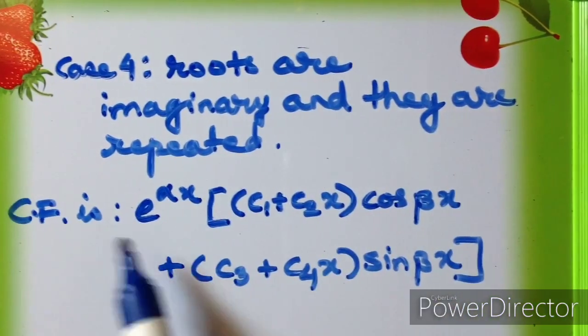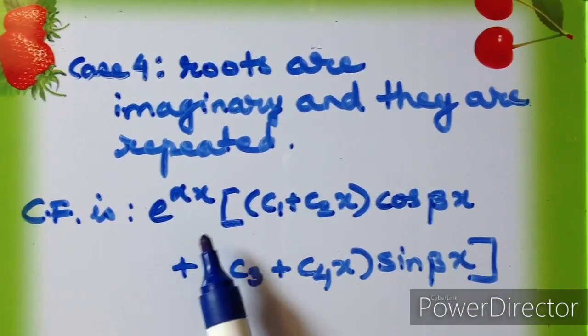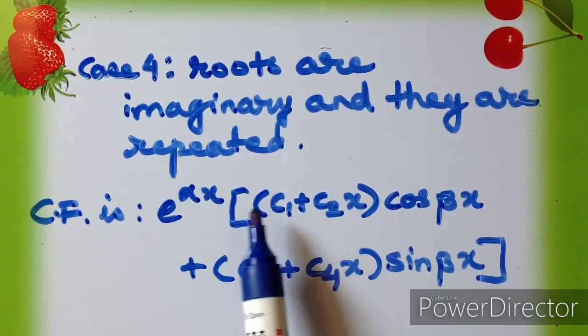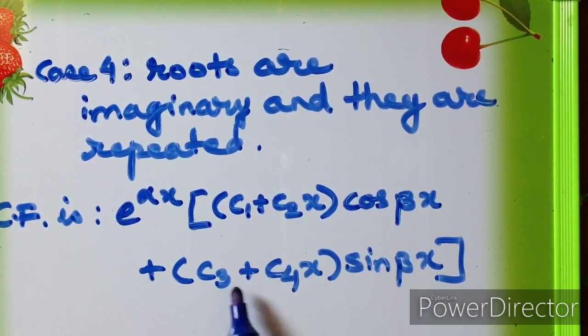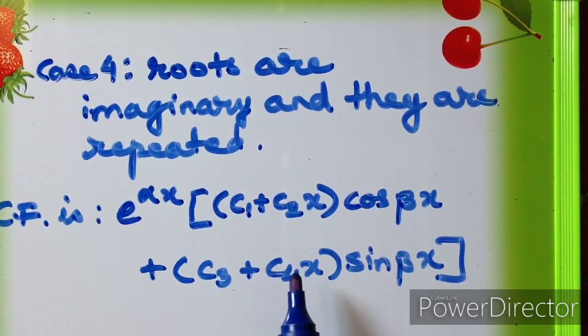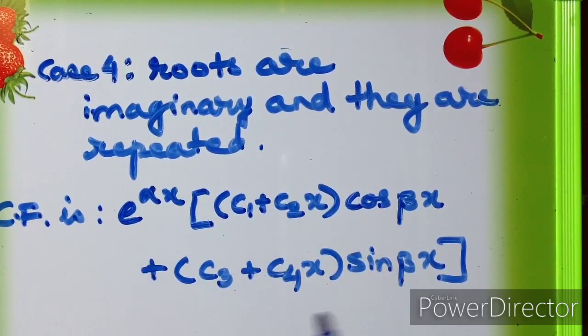So in the case of the roots which are imaginary and also repeated, the CF is given as e raised to alpha x into bracket c1 plus c2x into cos beta x plus c3 plus c4x into sin beta x. Okay. So these are the 4 cases.